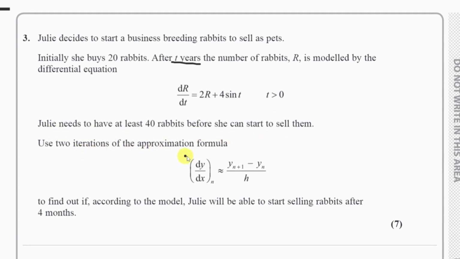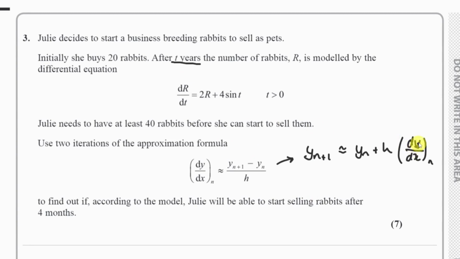Use two iterations of the approximation formula dy/dx at n is approximately (y_{n+1} - y_n)/h. At this point here, I'm not going to read any further. I'm just going to rewrite that, and I know I can put that as y_{n+1} is approximately y_n + h lots of dy/dx at n. And then also I'm going to note this has nothing to do with y's and x's, I've got r's and t's.